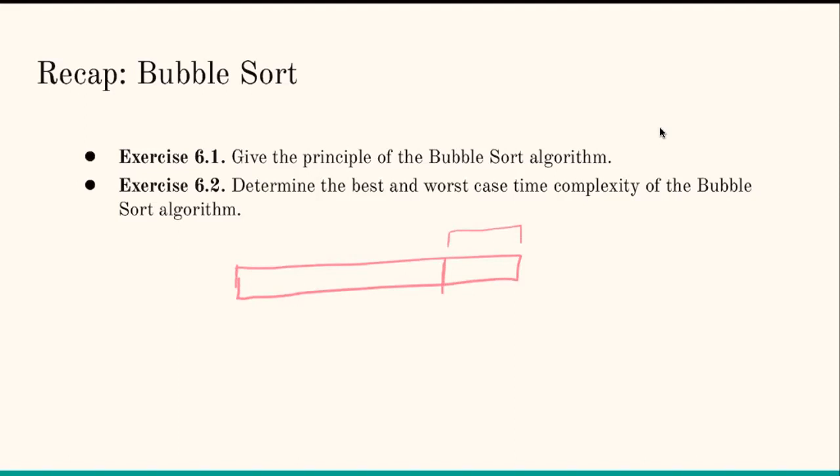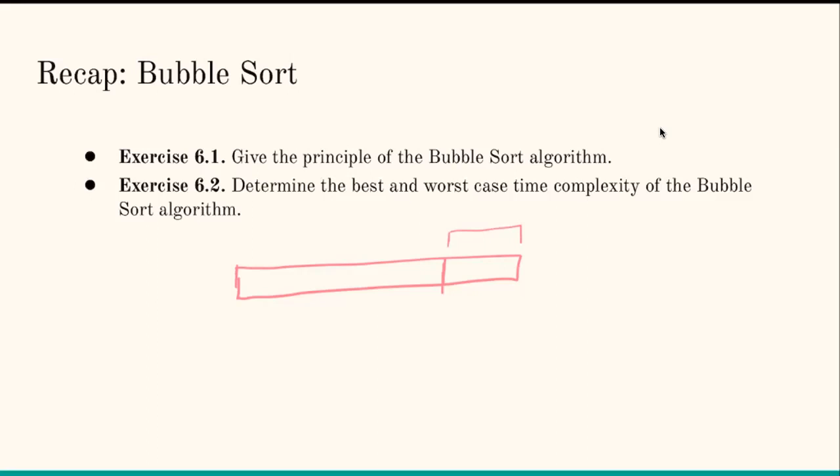Then you have to show that it is true before we enter the loop, okay? And then you have to show the maintenance step. It is true at each iteration. So if it is true at iteration i, it should be true at iteration i plus 1, okay? And then you show the termination. Like after the loop, the array will be sorted, okay?